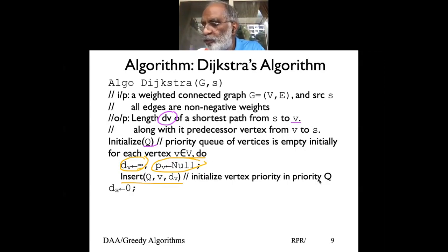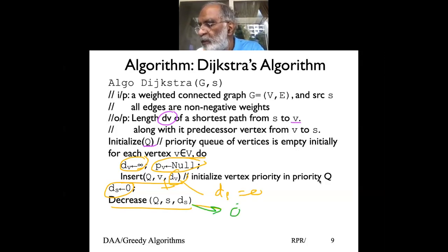Now we choose the source vertex and decrease the distance dv of the source in the queue from infinity to 0. So do a decrease operation where ds becomes 0 from infinity. At this point in time, ds would be 0, and for all other nodes dv will be infinity.